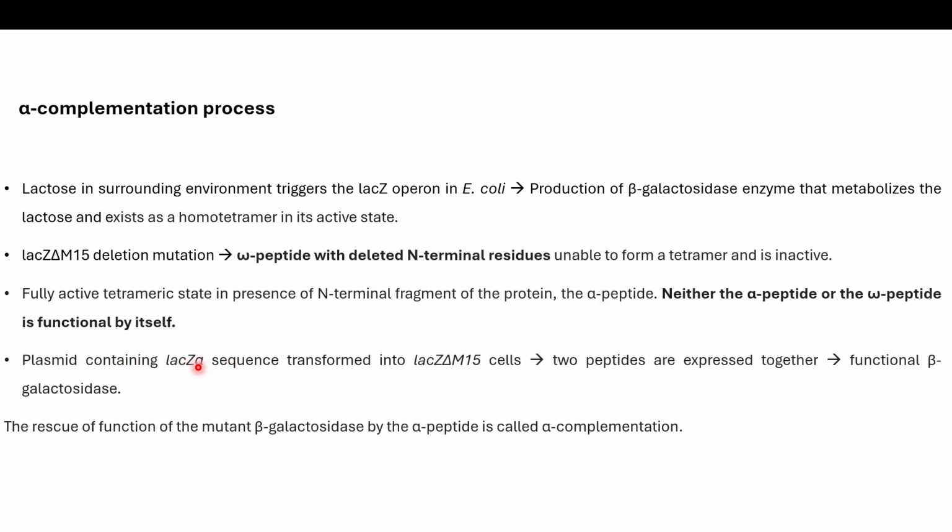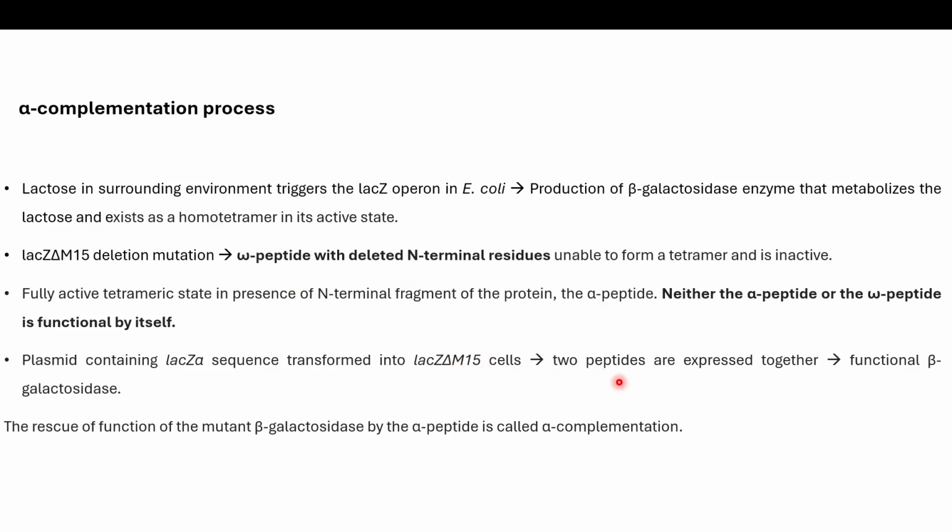Now, plasmid DNA containing the lacZ alpha sequence, which codes for the alpha peptide, is transformed into lacZ delta M15 cells, which can code for the omega peptide. If the lacZ alpha sequence is transformed, it will produce the alpha peptide, and these cells are already producing the omega peptide with truncated N-terminal, right?